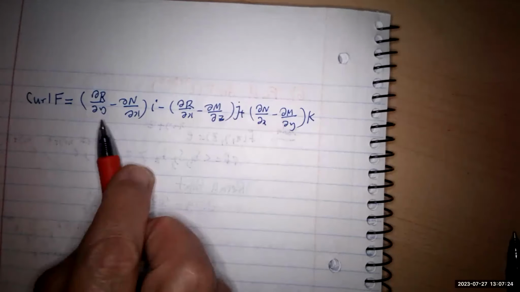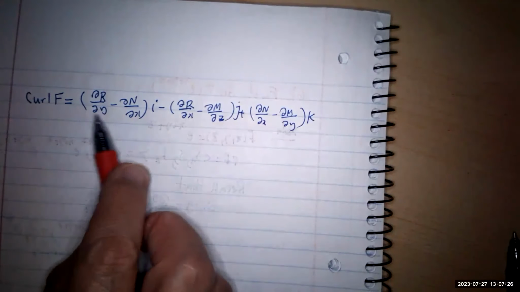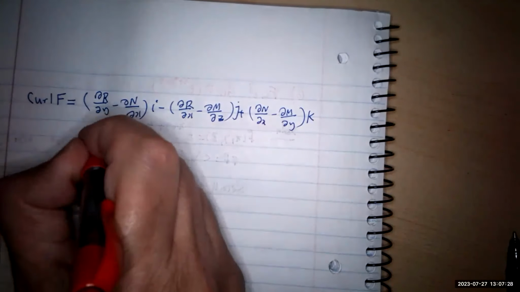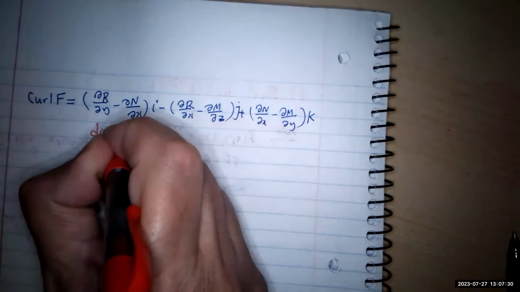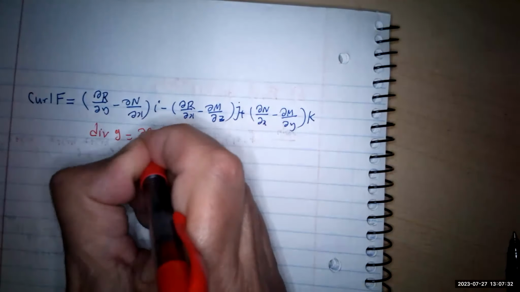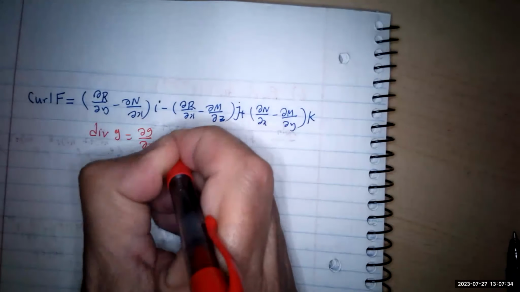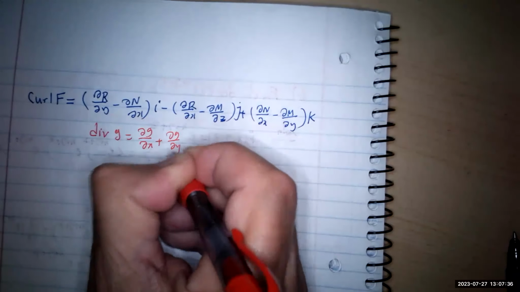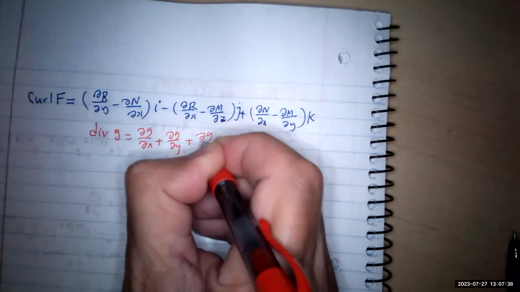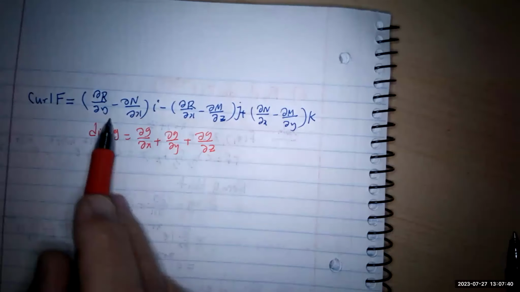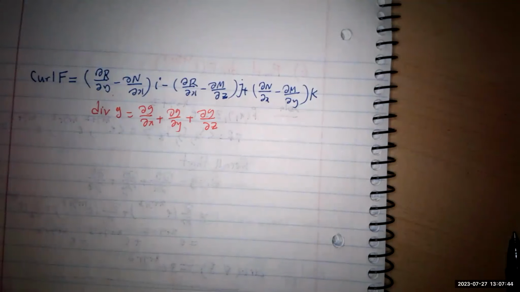For the divergence, I'll just remind you again that the divergence of a function G is ∂G/∂x plus ∂G/∂y plus ∂G/∂z. So operate.